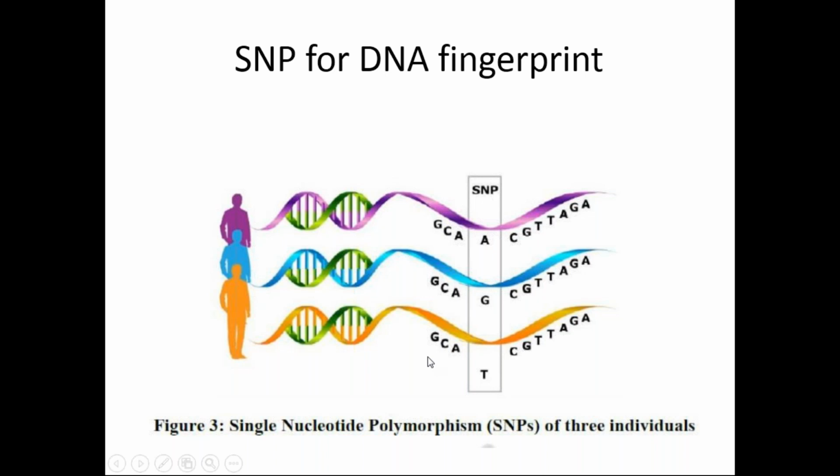If we get a biological sample from a crime scene, we amplify the same SNP from it, and from the three suspects we develop the DNA fingerprint on the basis of this SNP technique. Then we compare the SNP of the biological material with that of these three.